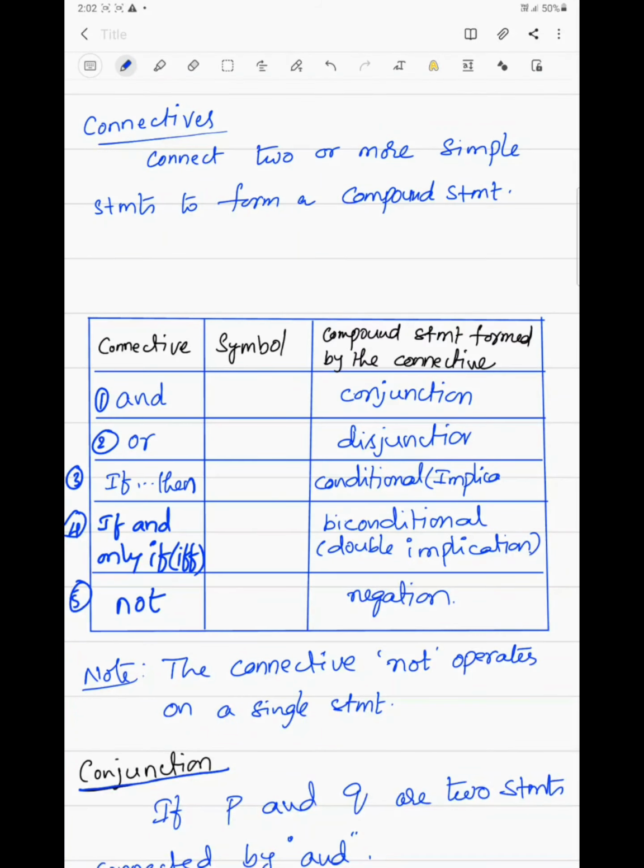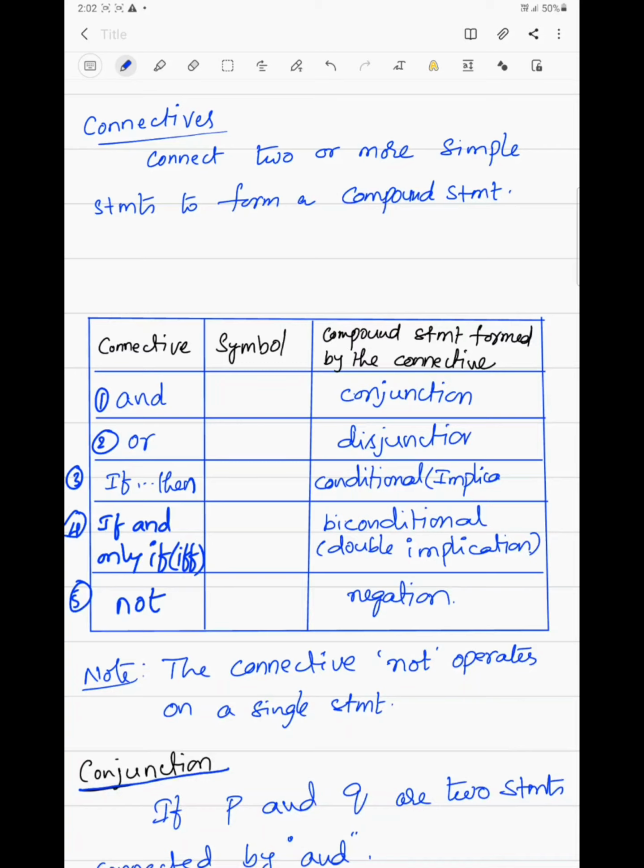Good morning, students. In the first lecture of mathematical logic, we learnt about statements and their truth values, and we solved exercise 1.1. Now, to go deeper into the subject, we are learning connectives.